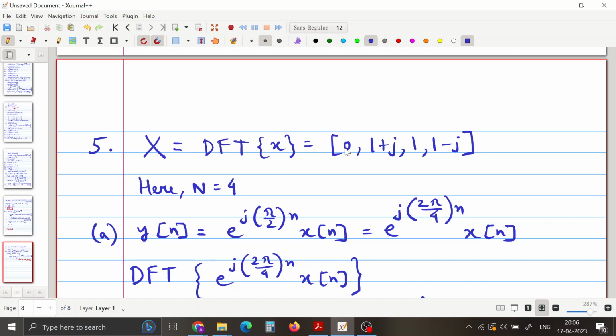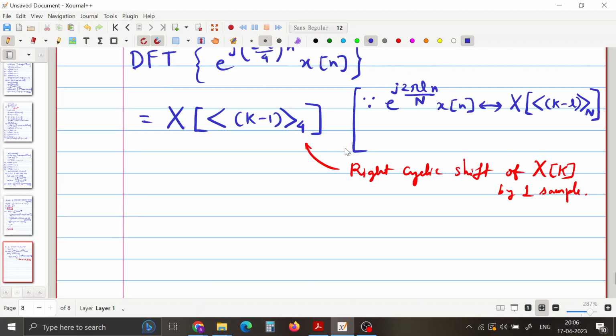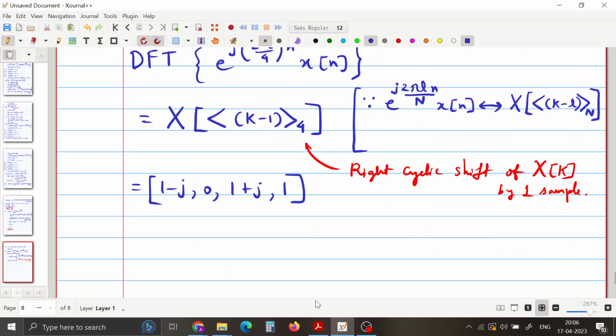And 1 minus j was in the fourth place, so it comes back and sits in the first place now, because it's a right cyclic shift. So you will get 1 minus j, 0, 1 plus j, 1. That's the DFT. So this is all what was asked in part A.